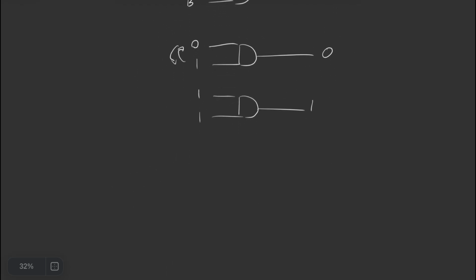Now, the third logic gate I'm going to cover is the OR gate. While the AND gate produces rules similar to that of multiplication, the OR gate is going to apply rules similar to that of addition.